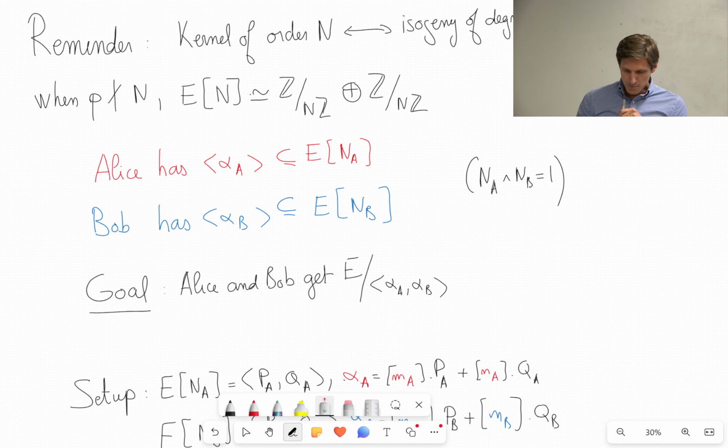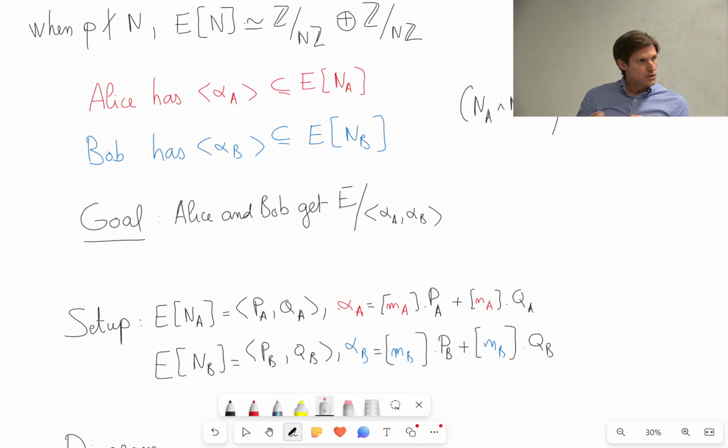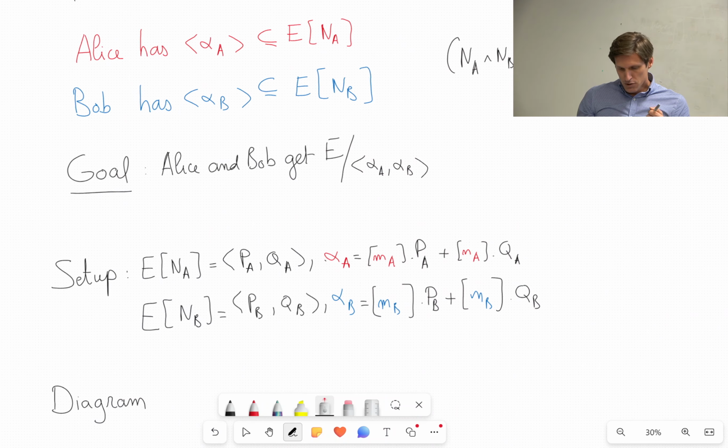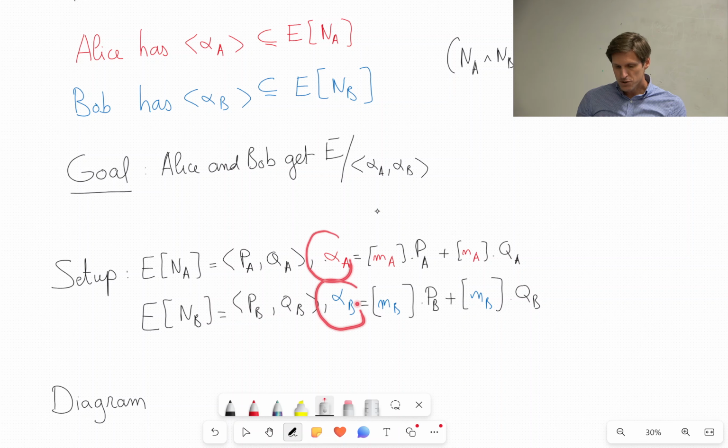Okay? But there's a little trick here because they can't really exchange the kernels that they choose. These are elements that they can't really give to the other party, right? So since we have this shape of the n-torsion, I have two generators, which everybody knows, and the real secret values are going to be the coefficients of those secret elements alpha_A and alpha_B, with respect to this basis.